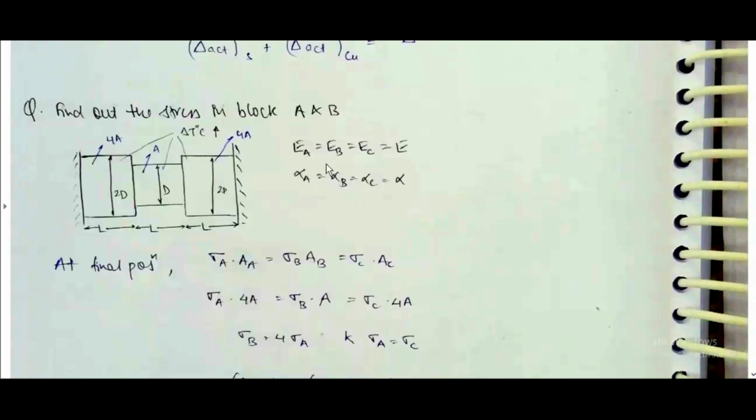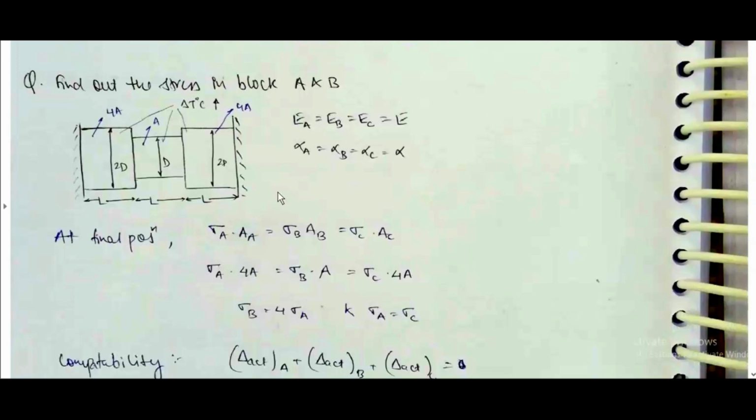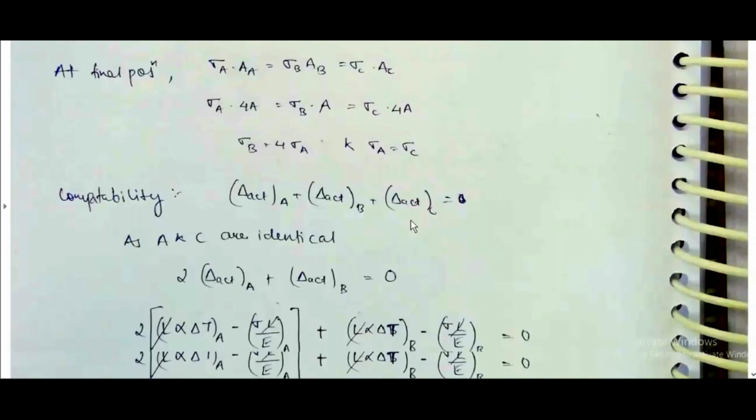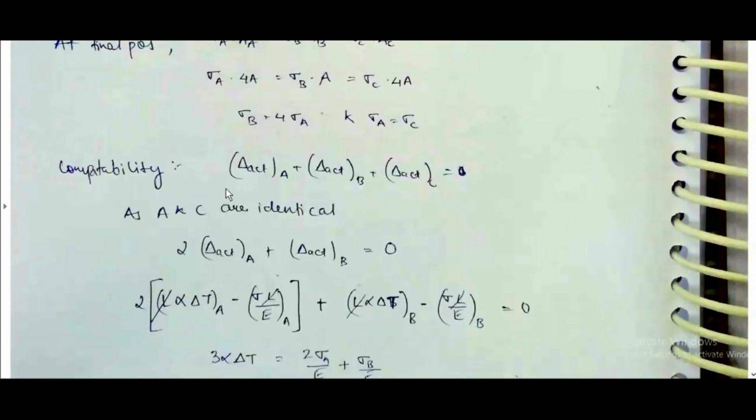Find out the stress in A and B block. For reaction forces at the final position, the forces should be equal: sigma A into AA is equal to sigma B into AB, which is equal to sigma C into AC. Then we will get sigma B is equal to 4 sigma A, and sigma A is equal to sigma C. Compatibility: delta actual A plus delta actual B plus delta actual C is equal to 0.